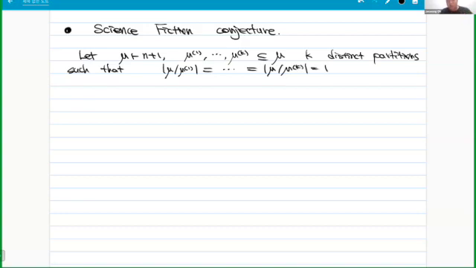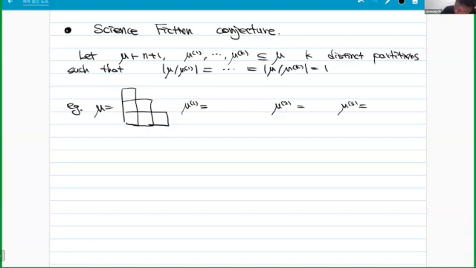In other words, we can obtain each mu_k by removing a corner of a given partition mu. For example, mu can be this shape, 3, 2, 1, and we can take mu_1, mu_2, and mu_3 by excluding these cells.